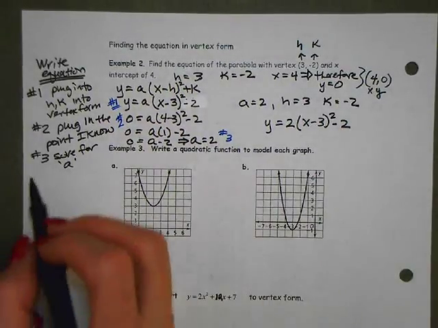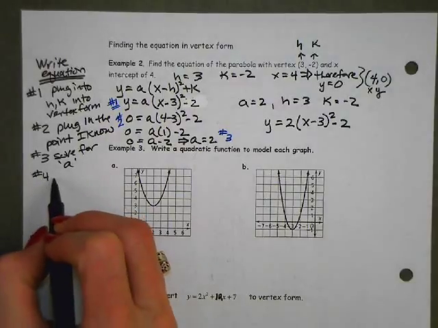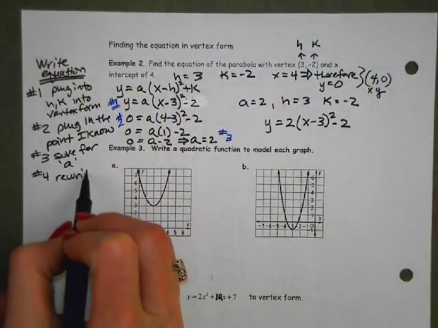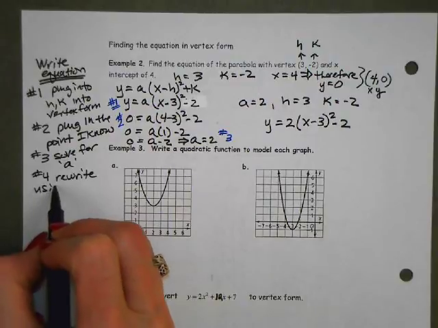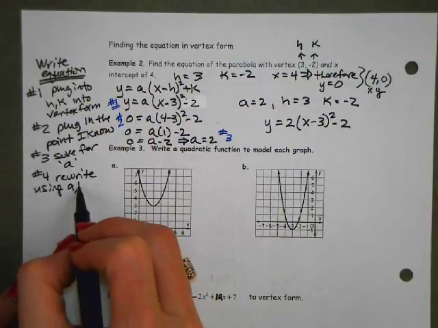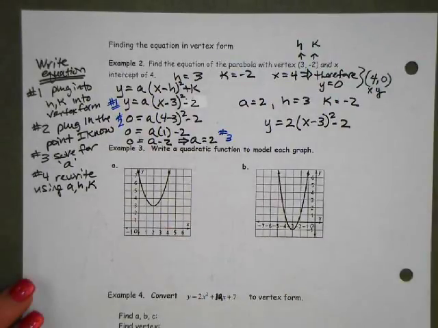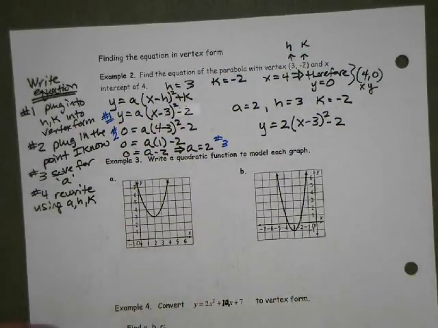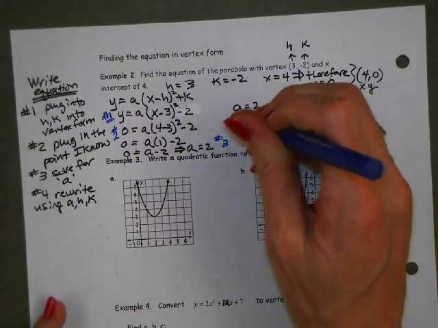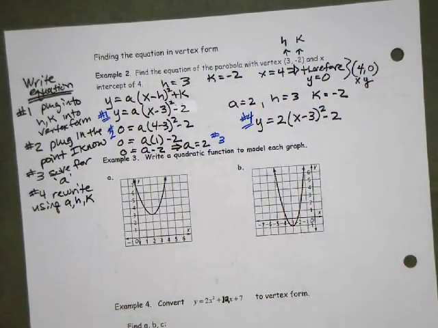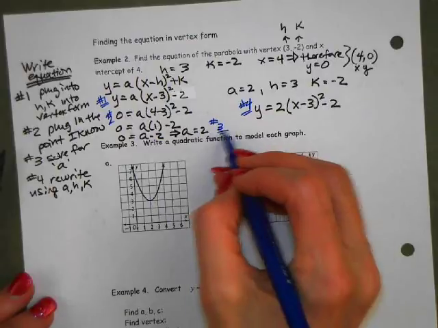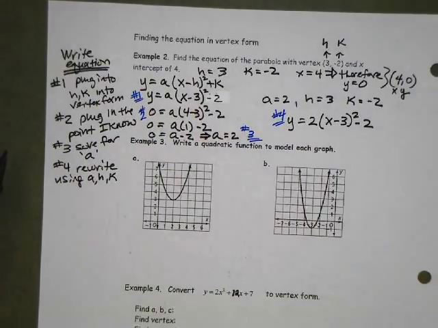So then you just rewrite, number 4 is rewrite using a, h, and k. Alright, and so this is number 4.